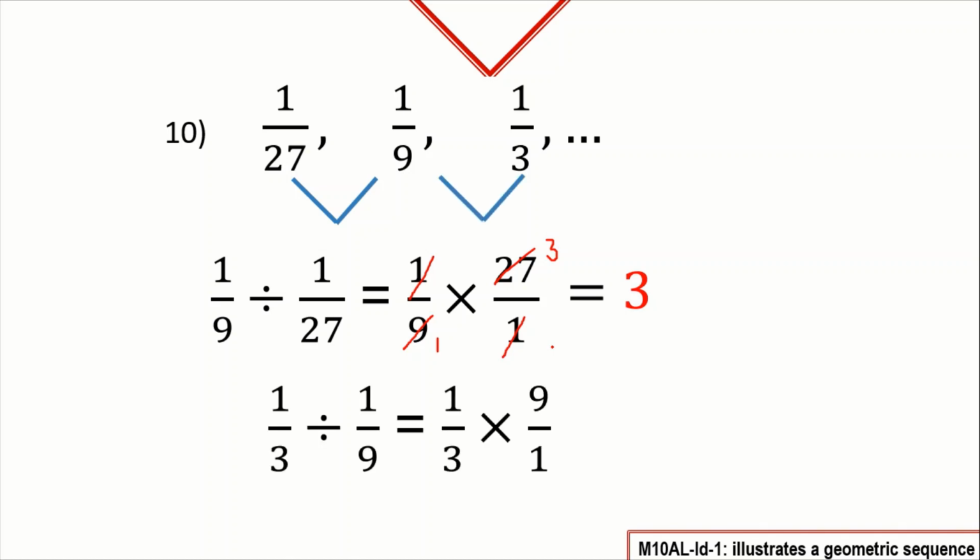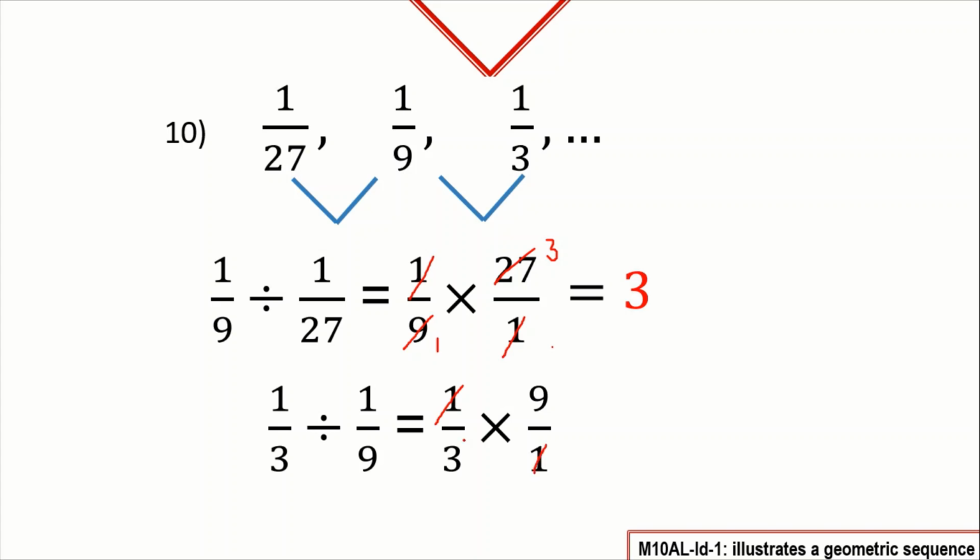Okay, kunin natin ang next ratio, third term over the second term. So, we have 1/3 divided by the second term, which is 1 over 9. Again, copy ang first fraction, kunin ang reciprocal ng second fraction. So, magiging 9 over 1. Then, proceed to multiplication. Again, this is still equal to 1. Cancel natin.